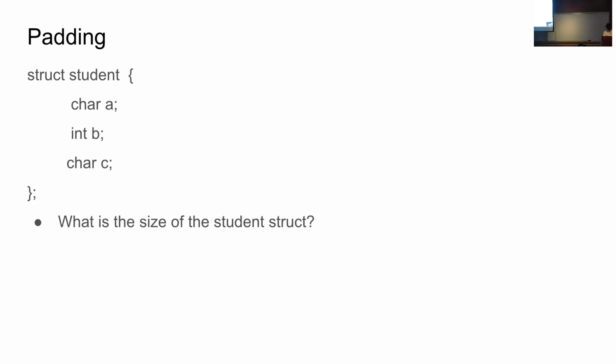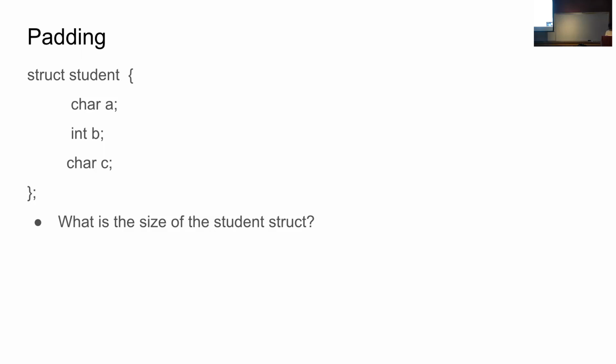Okay, so the student answer was 6 bytes. Are there any other answers that people are thinking of? Yeah. 12 bytes. So we have 6 bytes and 12 bytes. So let's take a look. Okay, so we have 6 bytes, we have 12 bytes, and we have 9 bytes.